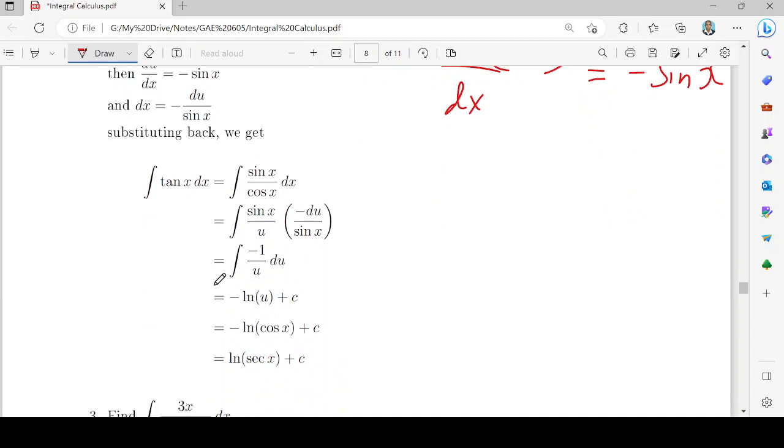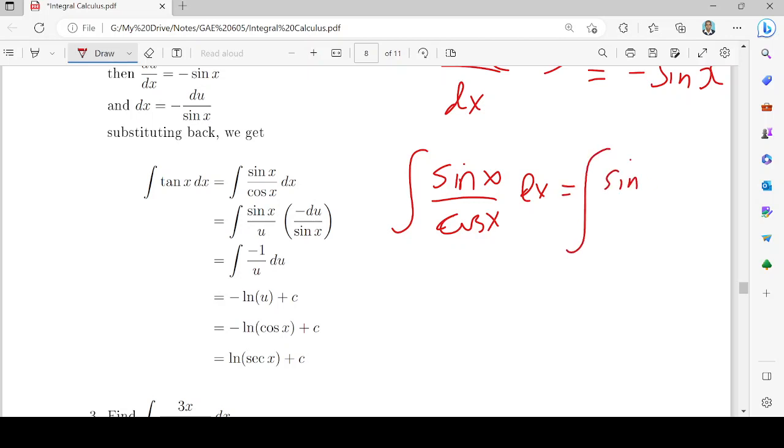And now we substitute. Our integral was sine x divided by cosine of x dx. It now becomes the integral of sine x divided by u times du over sine x. The negative 1, we can put it somewhere here, minus 1.